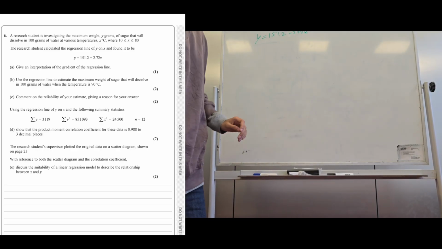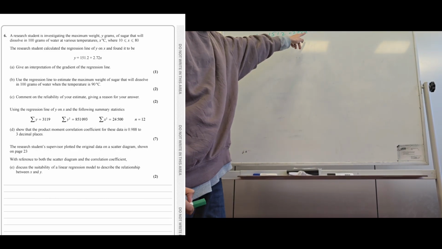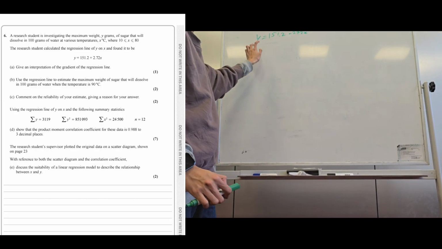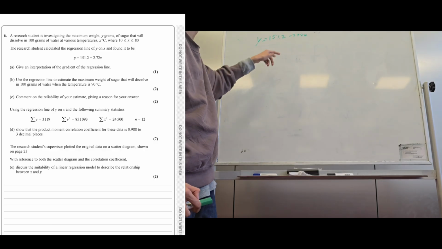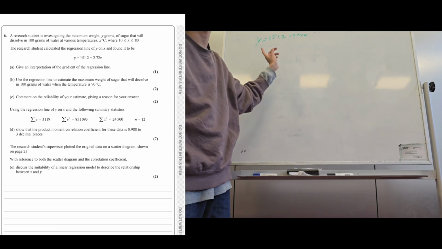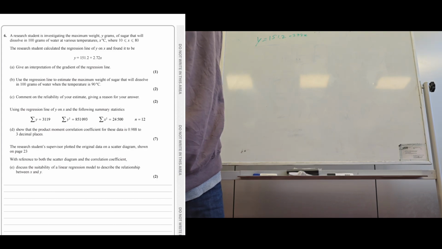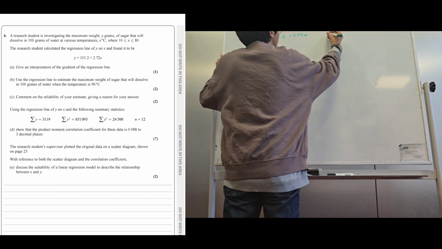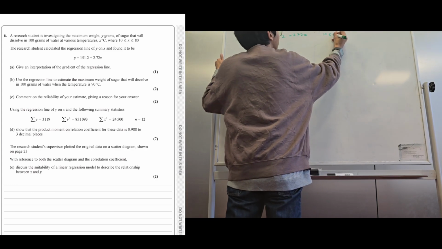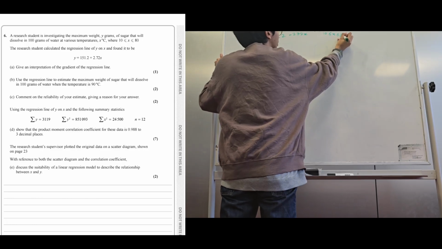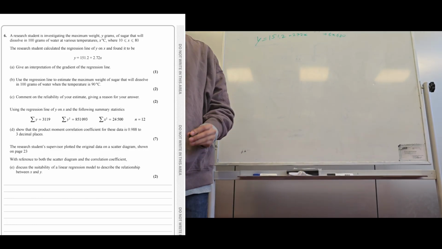This equation is valid only for plugging in x values and getting y values. It doesn't work the other way around. If you have a y value, you can't use this equation to find the x value, and it is only valid between 10 and 80.